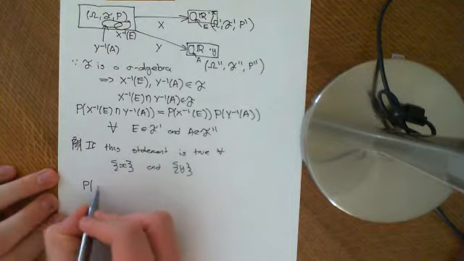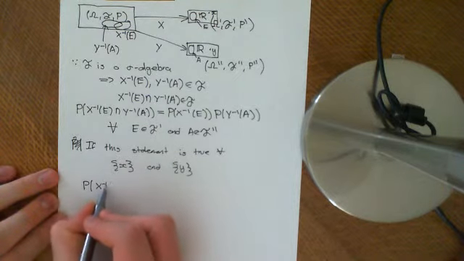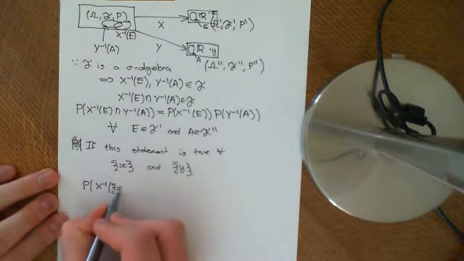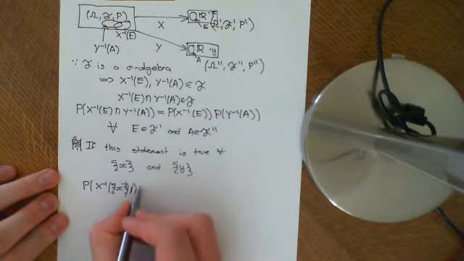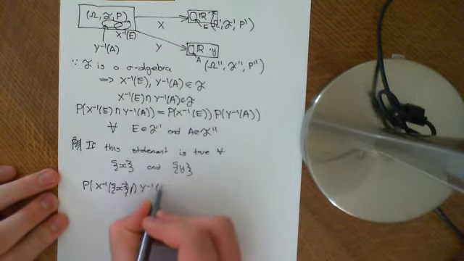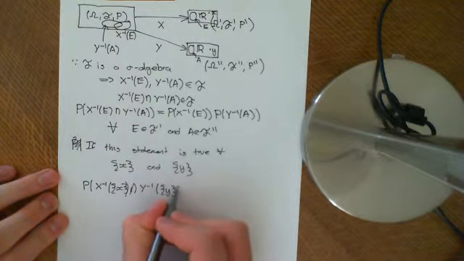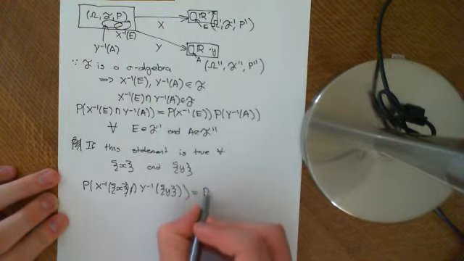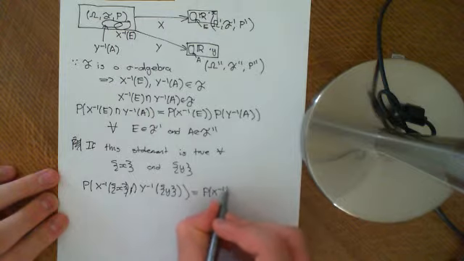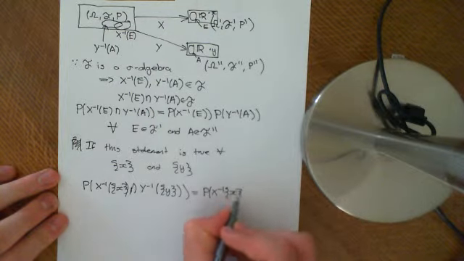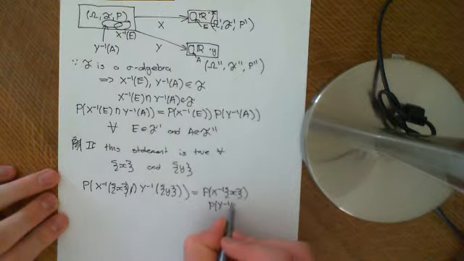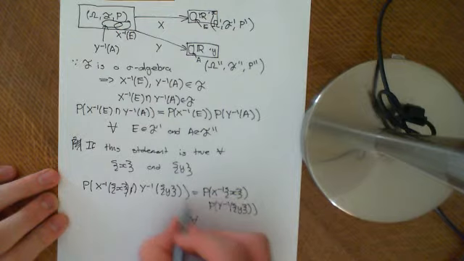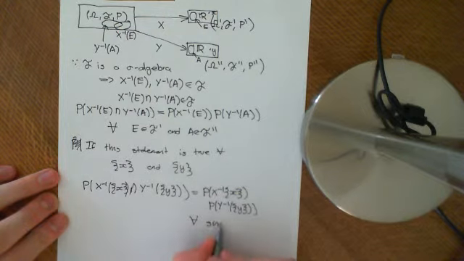The probability of X inverse of the singleton set containing x, intersect Y inverse of the singleton set containing y, is equal to the probability of X inverse of x times the probability of Y inverse of the singleton containing y, for all singletons.